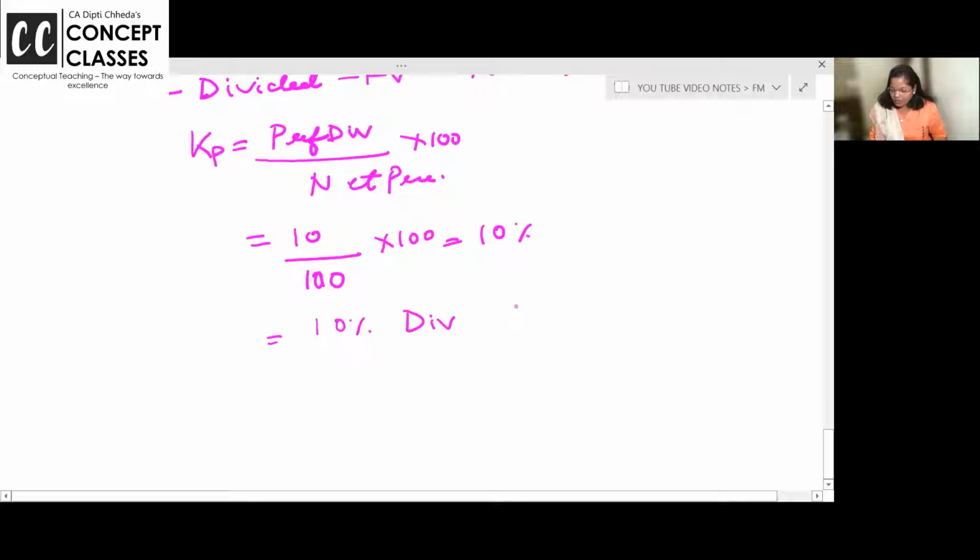But the face value is 100, and I incurred an expenditure of 5 rupees for arranging the preference shareholders and all, and I got in my hand only 95 rupees.